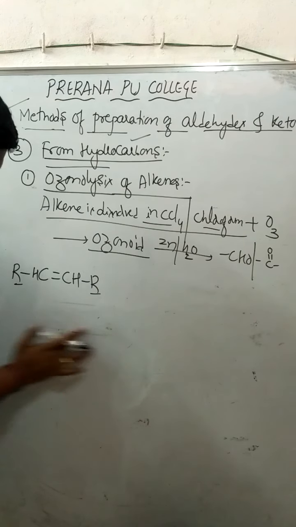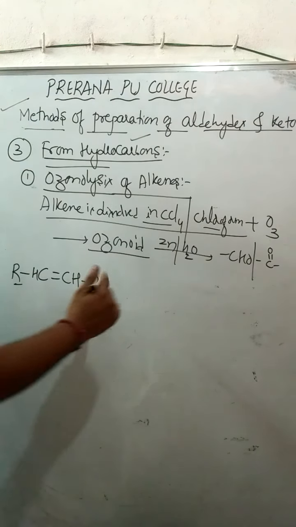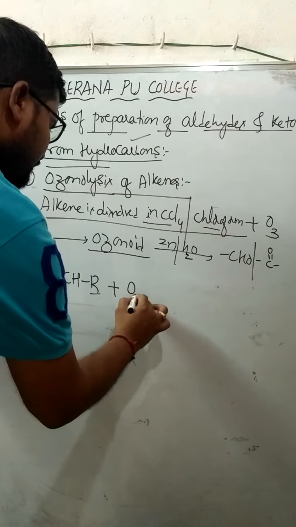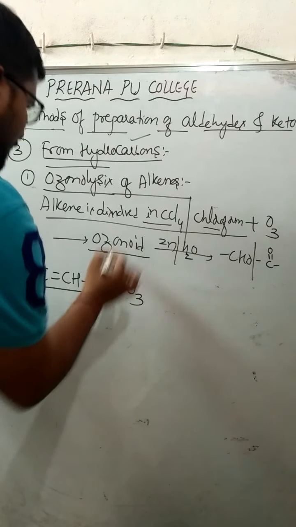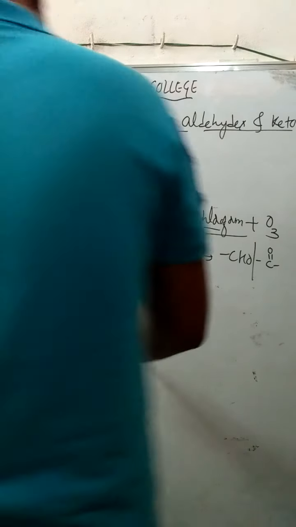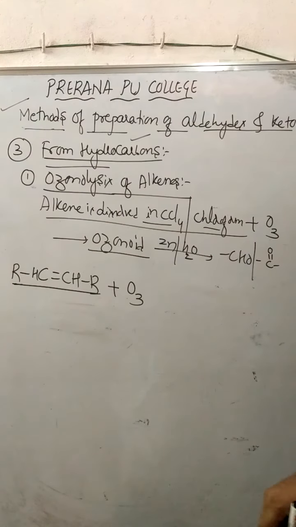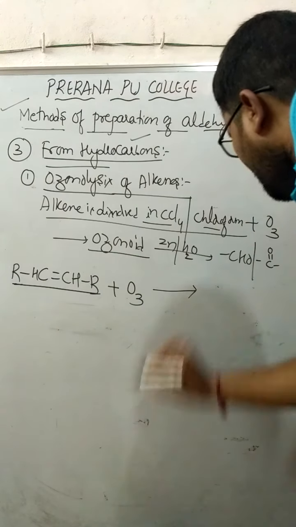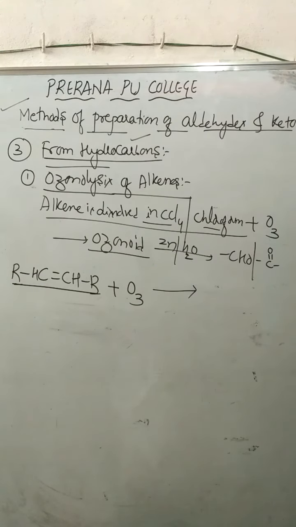So when this mono-substituted alkene is made to react with ozone, remember the alkene is dissolved in a medium of carbon tetrachloride or chloroform, it forms an addition product called ozonoid.